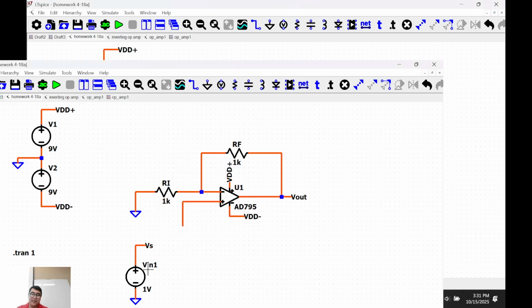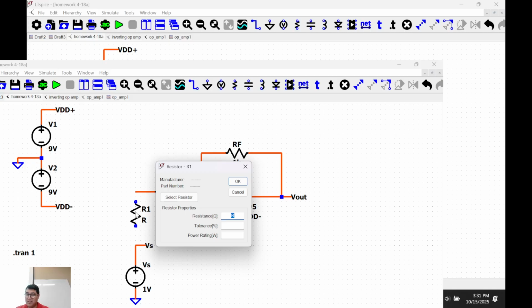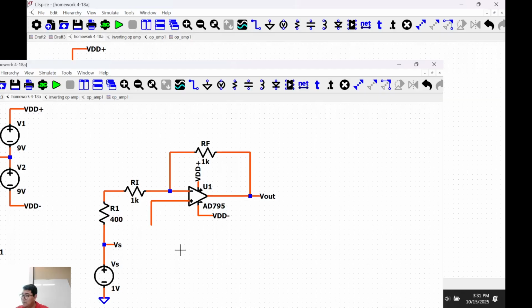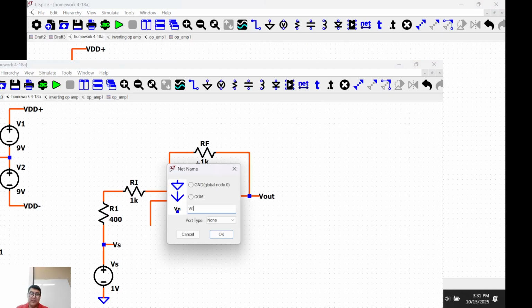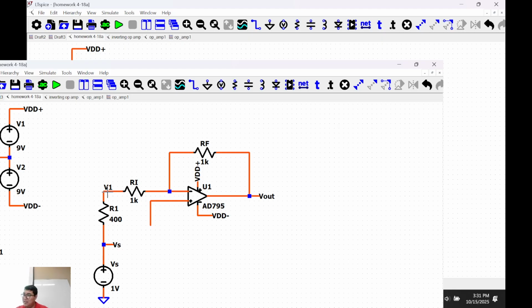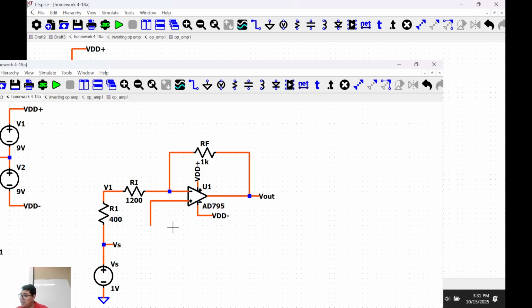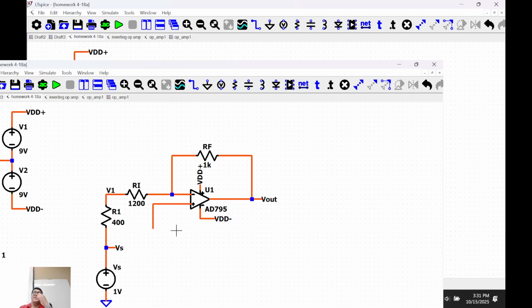VS. Cut. Delete. Resistor right there. 400. Boom. Boom. Is that good with everybody? 400, this is V1. And then we have this resistor right here is 1200. And actually, I'll give you guys this answer later, all right? Is that good with everybody?